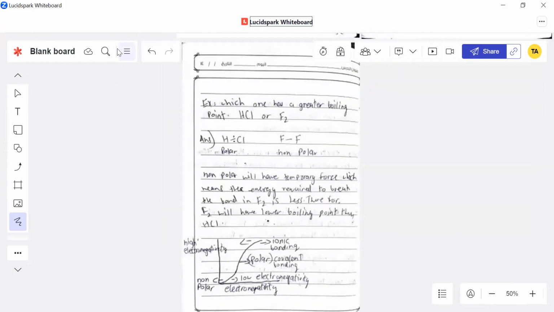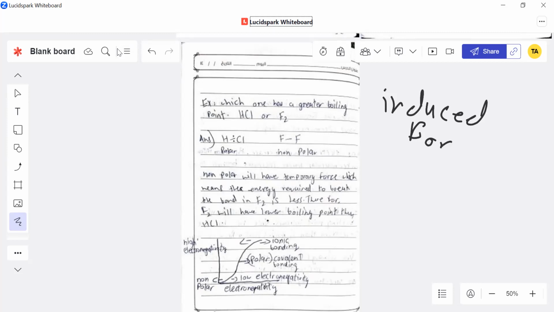So what is an example of this? Remember, induced forces or intermolecular forces will have an effect on the boiling point. So the boiling point depends on the intermolecular forces, or basically the induced forces. This has multiple names: induced forces, van der Waals forces, temporary forces, all of that.